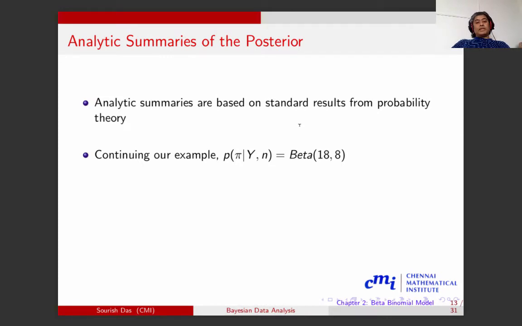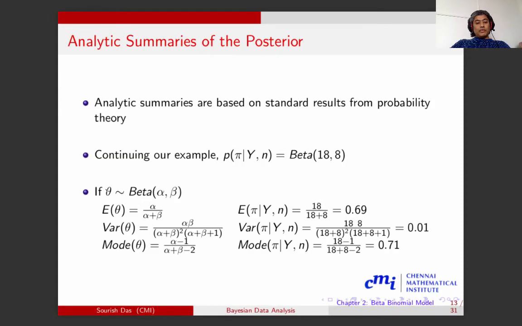Analytical summaries are based on standard results from probability theory. Now let's continue with our example. Our posterior distribution of pi given the data follows a beta distribution with parameters 18, 8. If theta is a random variable which follows Beta(alpha, beta), then you can pick up any textbook and find that the expected value of theta is alpha over alpha plus beta.